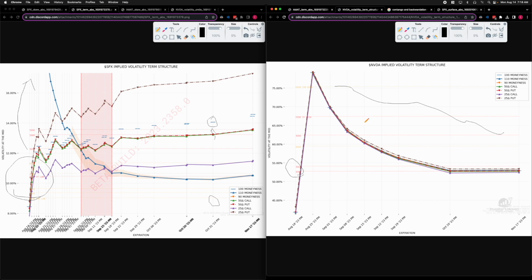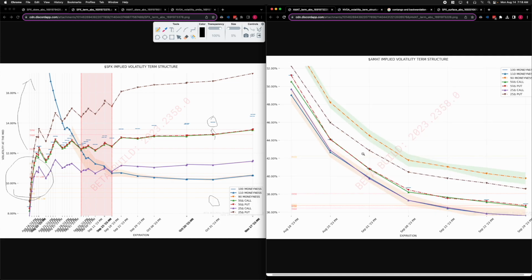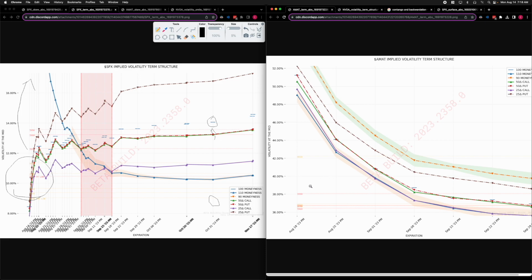So it's an interesting comparison to look at different stocks and see how quickly they're supposed to come back to their IV30. With AMAT, for instance, we're going to have earnings on the 18th, and then it's going to take until the 8th for it to come back down.